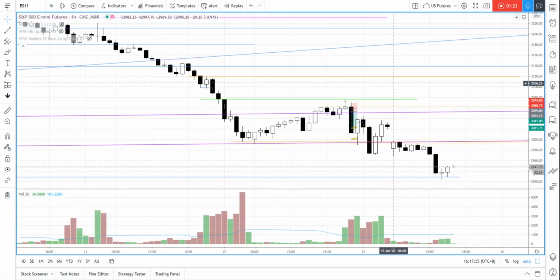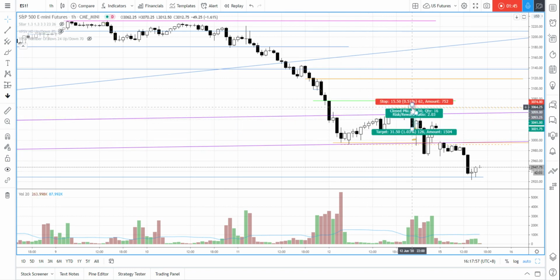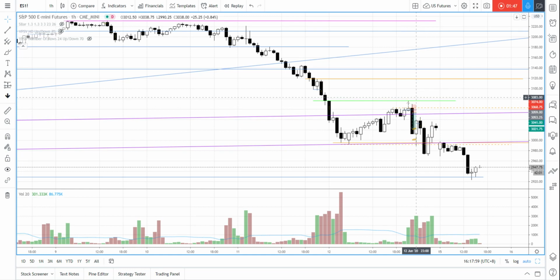So you can see that on Thursday we have a very sharp sell-off from the top here during the London session plus the US session, and subsequently on the Friday in the morning we have a little bit of a rally off the low here, and subsequently even during the US session we didn't really have much progress up.